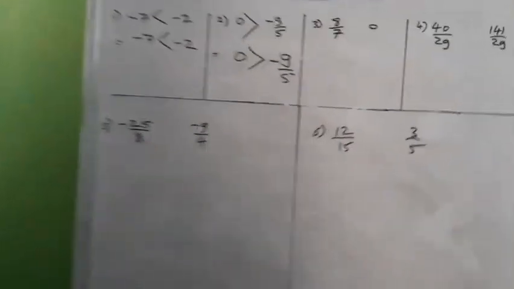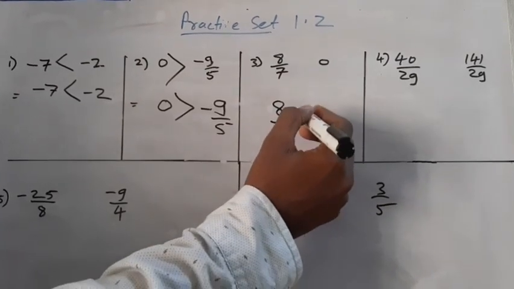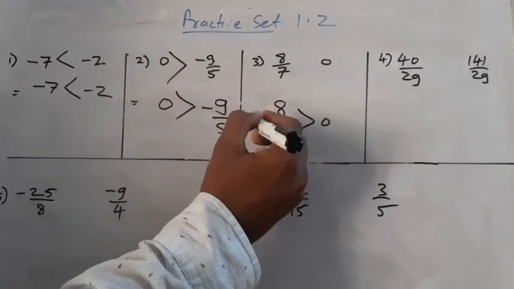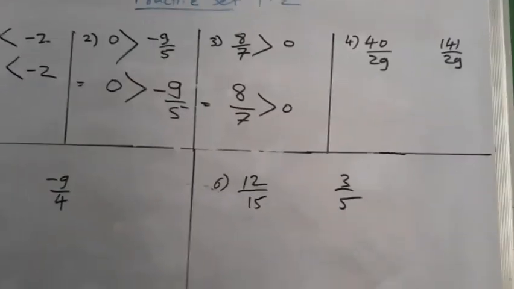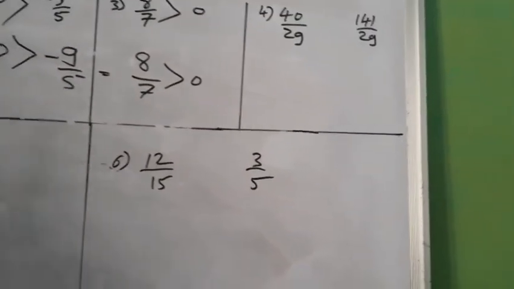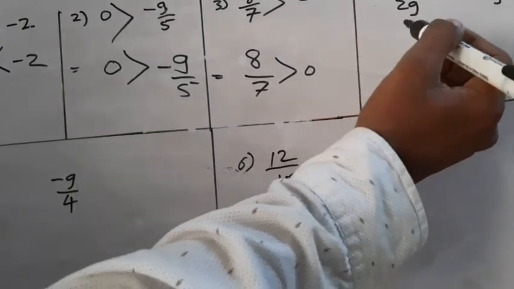Consider the third example. See, the positive number 8 upon 7 is greater than 0. I can write here 8 upon 7 greater than 0. Here we look only at the number line. See here, suppose there are rational numbers, then what to do? See children, the denominators are the same.